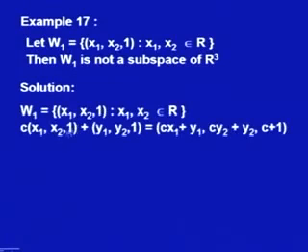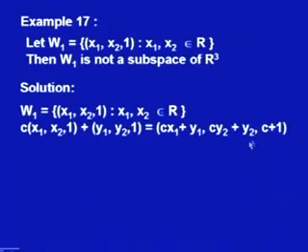Now consider C times x1, x2, 1 plus y1, y2, 1. We would like to check whether C alpha plus beta also belongs to W1 or not. According to the definition of the two operations, it becomes Cx1 plus y1, the second component is Cx2 plus y2, and the third component is C plus 1.